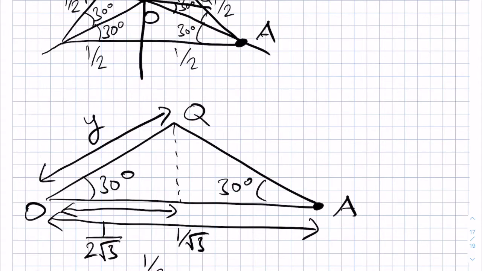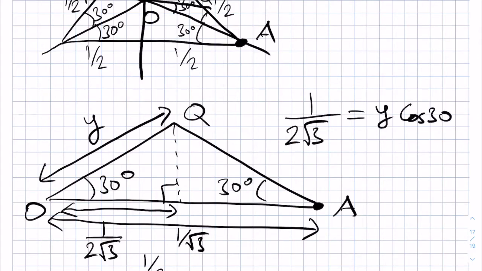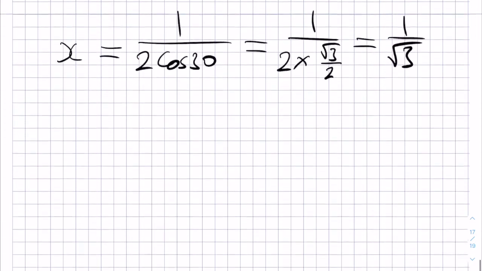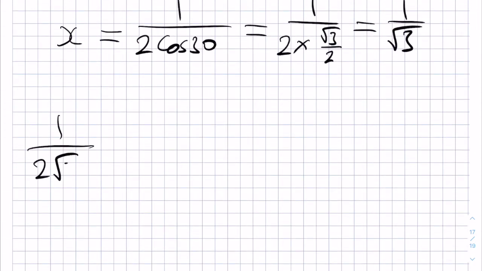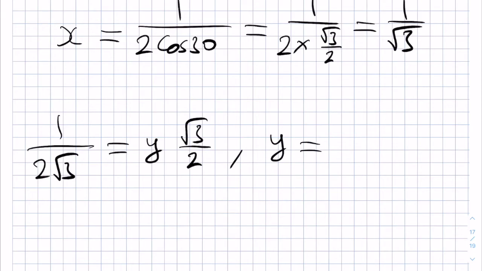Then we can call O to Q y, and then solve for y using yet another right-angled triangle with the right angle here. y will be such that 1/(2√3) equals y cos 30. Again, cos 30 is root 3/2, so we get 1/(2√3) equals y root 3/2, and then we solve to find that y equals 1/√3 all squared, which is 1/3.